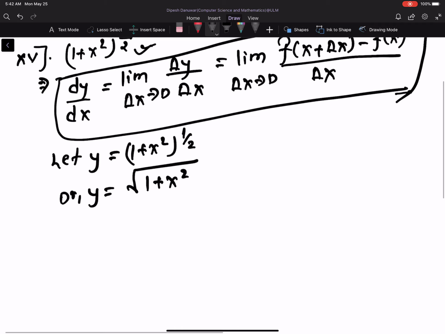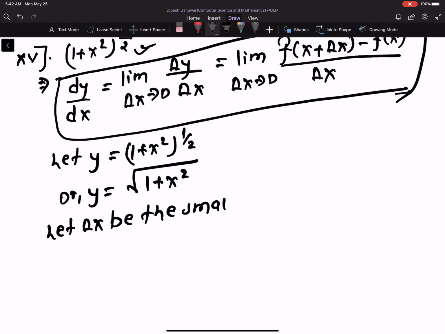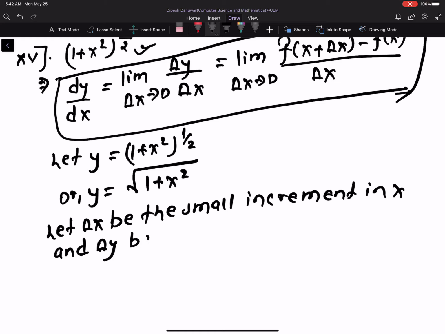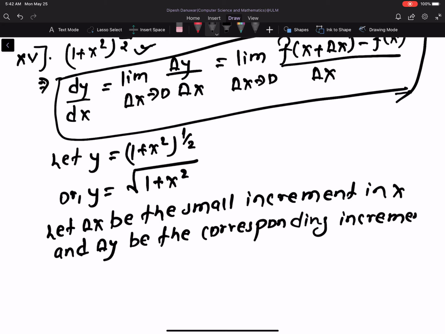Now let's consider a small increment in x, which will have an impact on a small increment in y. So let delta x be the small increment in x and delta y be the corresponding increment in y.